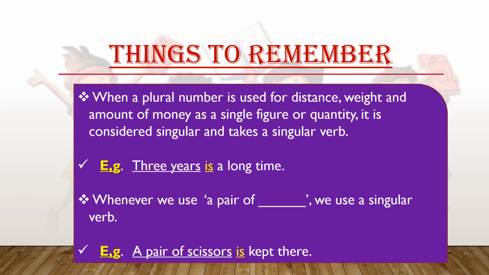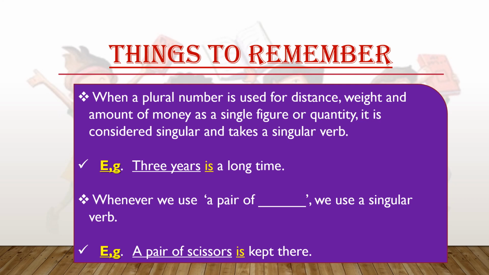For example, if I say 100 kilometers, I'm talking about one distance. If I'm saying 60 kg, I'm talking about one weight. 60 kg mangoes, or 60 kg, we can say rice. I'm talking about one thing. So actually the subject will be one only. It will be singular. And with a singular subject, we use a singular verb.